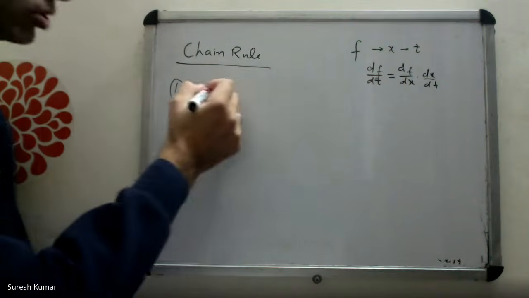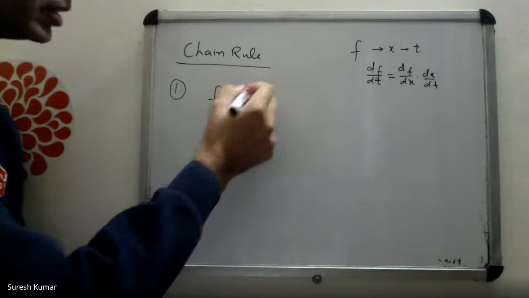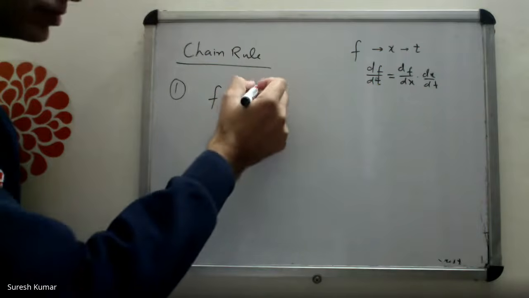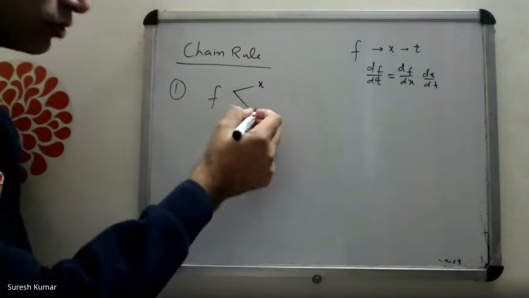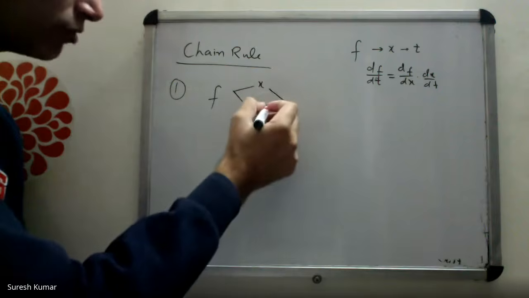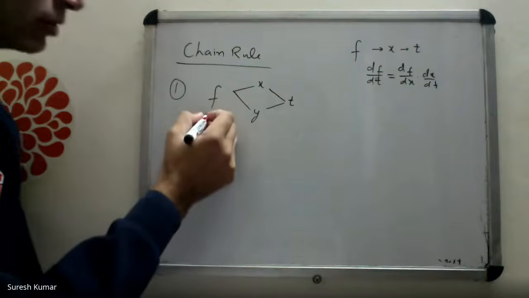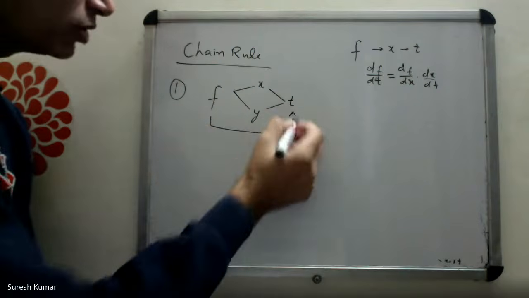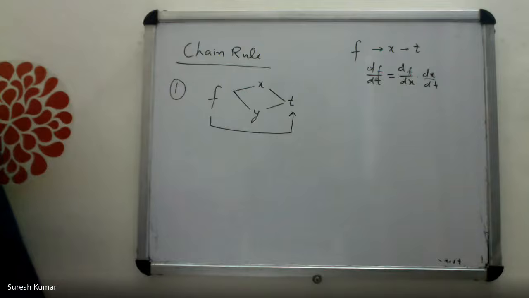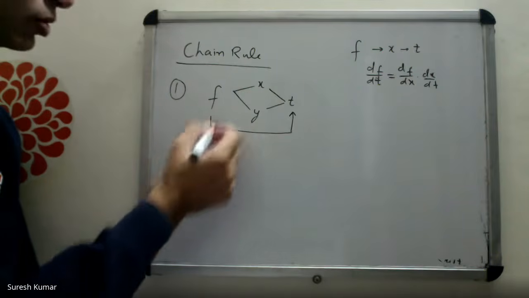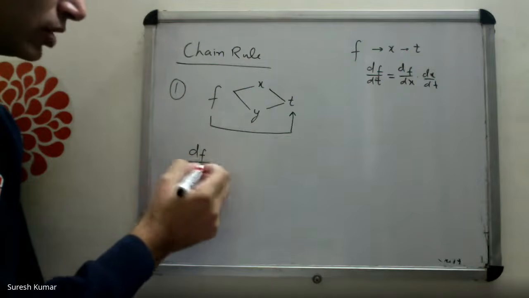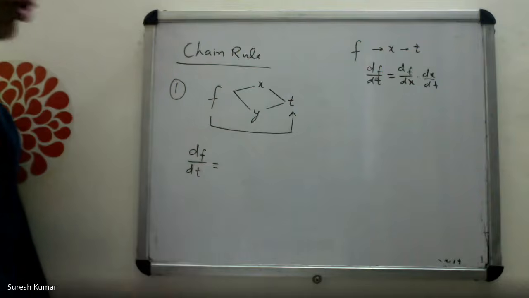In case of a function of two variables, it extends similarly. Suppose f is a differentiable function of x, y. x, y are further functions of a variable t. So you can say f is a composite function of t. So how can I write df over dt using the chain rule?